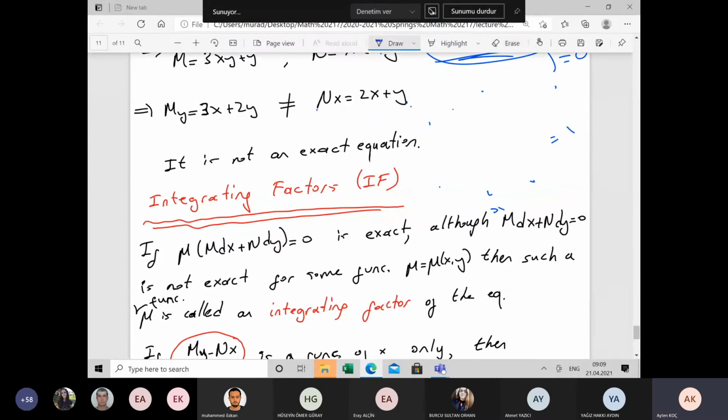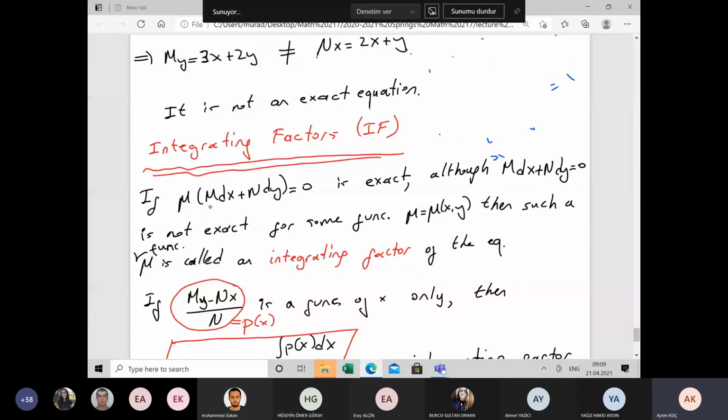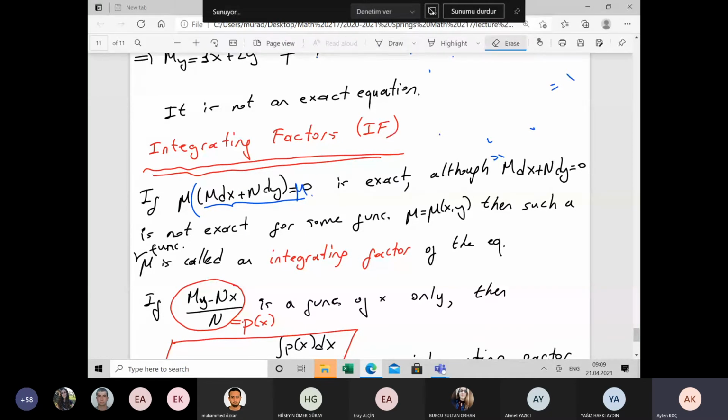Take our equation, which is equal to 0, and multiply by mu, so mu times 0 is 0. We obtain a new equation, and this new equation is exact, although M dx plus N dy equals 0 is not exact.